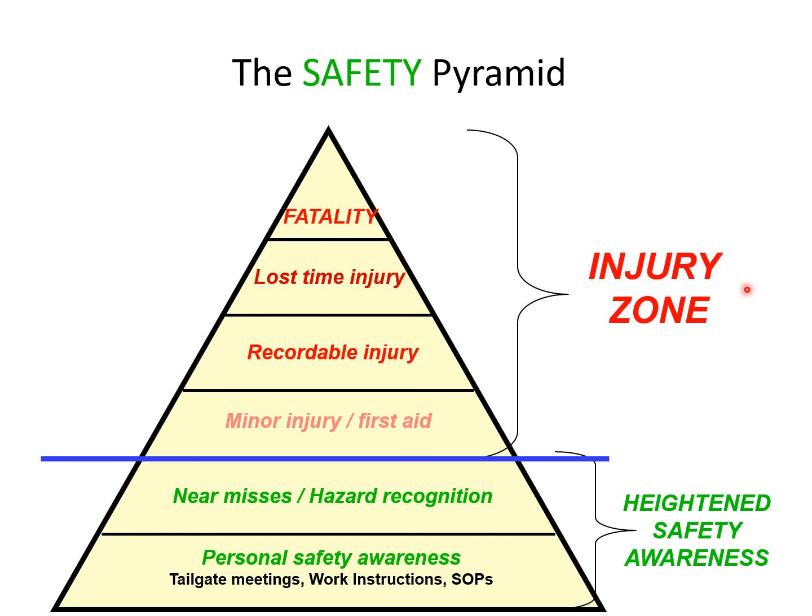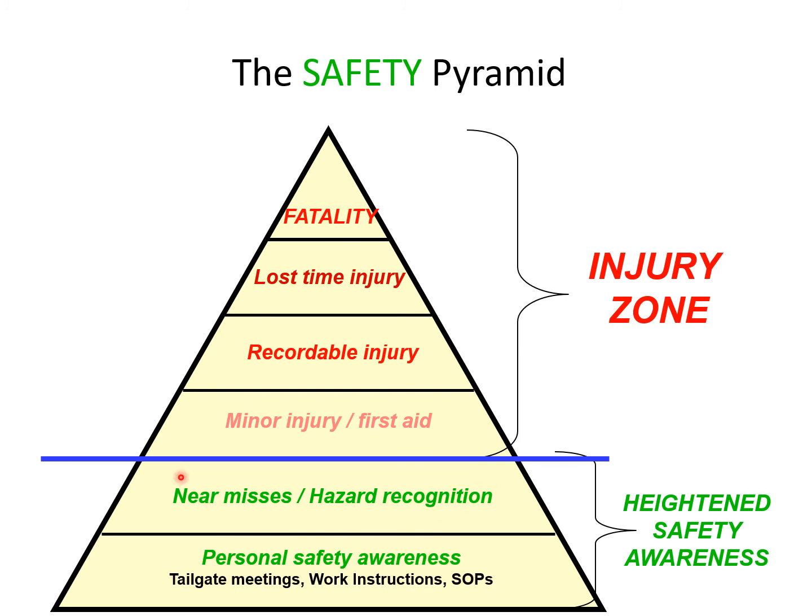This picture shows a safety pyramid, and it contains different levels. For instance, the first level is safety awareness, where we can get all the information. It means this is the basic first step: whenever we start working in the lab, we need full awareness. Secondly, near miss or hazard recognition.